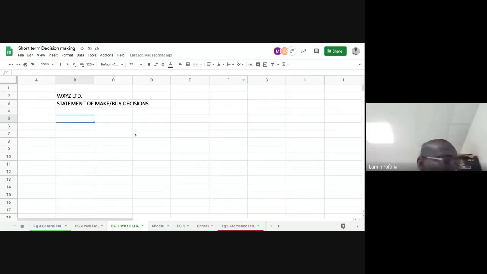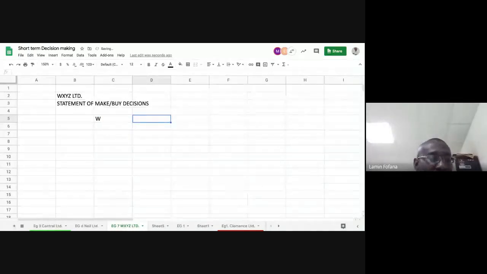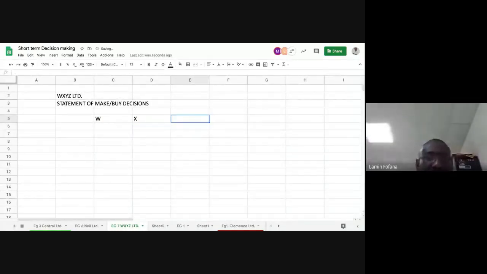We have 4 products, so that means we're going to have 4 columns, and then the 5th one will be our details column. So we leave the first one as the details column and expand it. Then we have W, X, Y, and Z. These are the columns. Now we're going to get numbers on them.